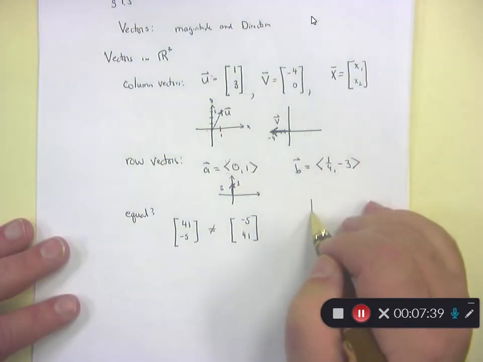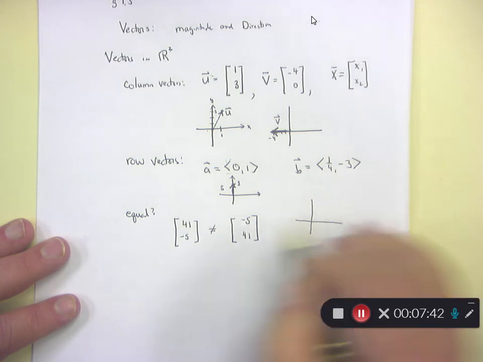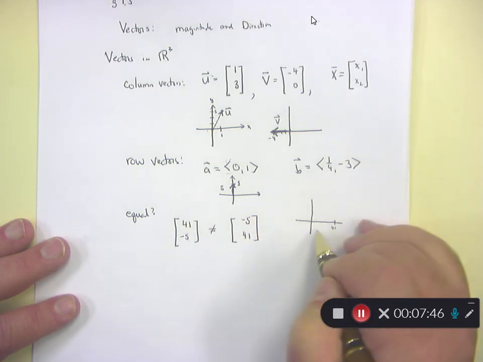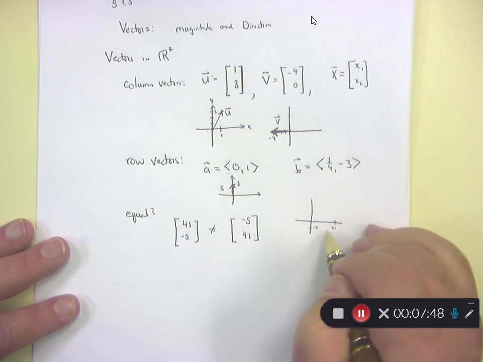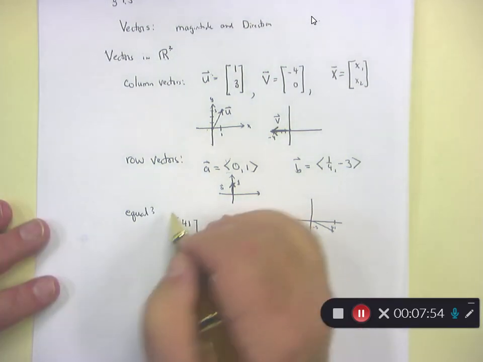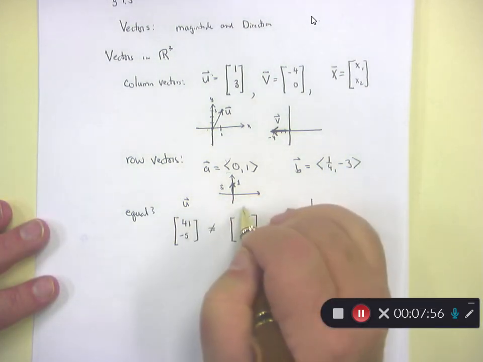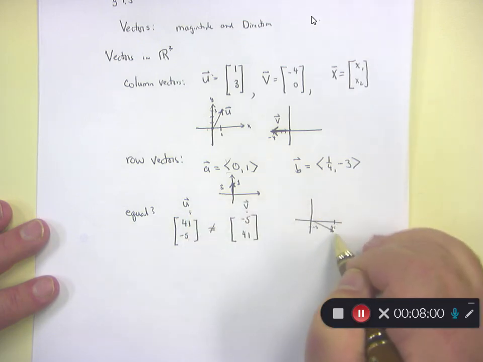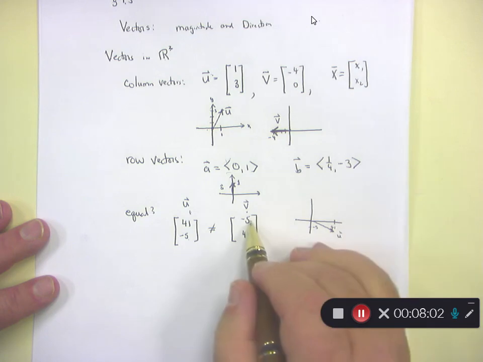If you actually draw this out, 41, negative 5: x is 41, y is negative 5. Put a dot with a cross at it. This would be that vector. I'm going to call this one u and this one v. So this is the vector u. What about negative 5, 41?